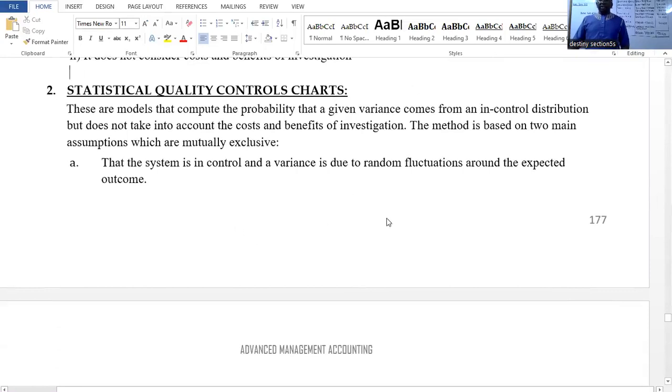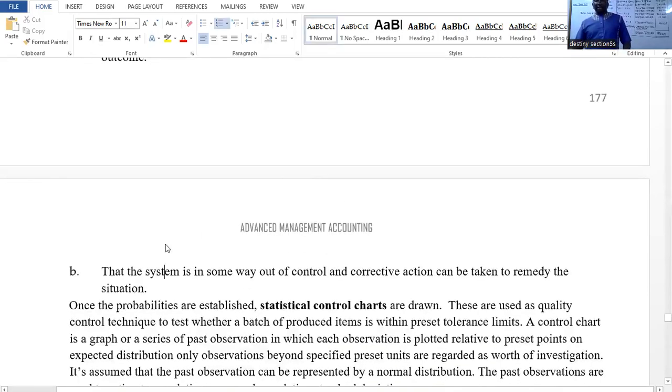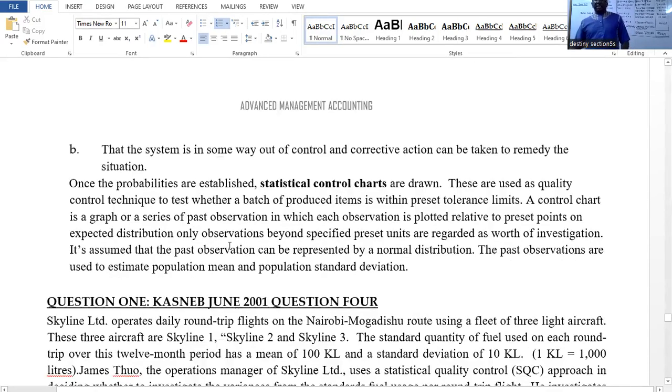One, that the system is in control and the variance is due to random fluctuations around the expected outcome. What that means is that our system is in control, and any variance that we have noted came as a result of a factor that is beyond our control. The other is that the system is somehow out of control, but there is some remedy. There is something we can do to change that circumstance.